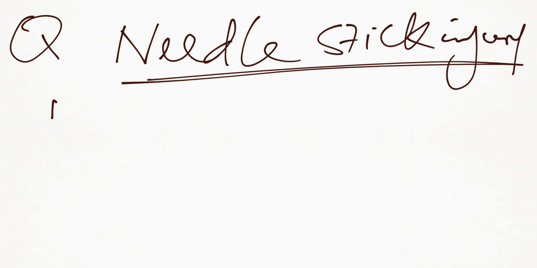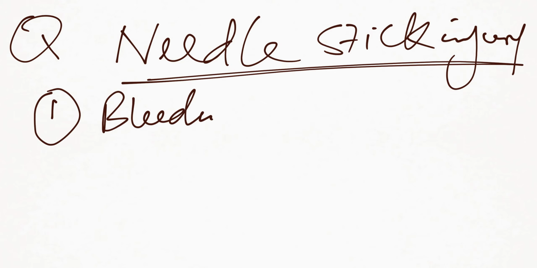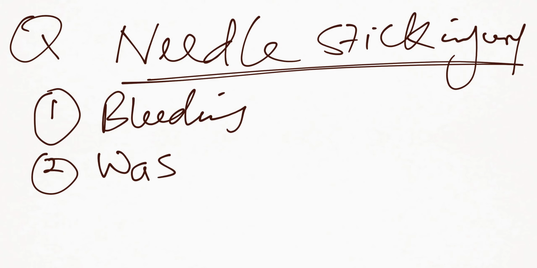So number 1, there are some steps. You want to say them in this order as I will mention to you, okay? So first of all, press it and encourage bleeding, okay? Number 2, wash it with water and soap.